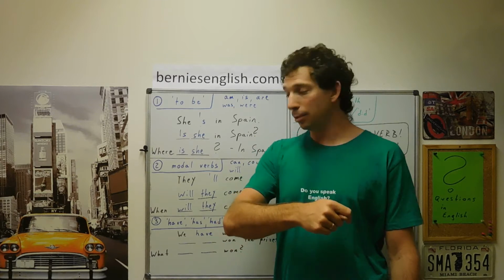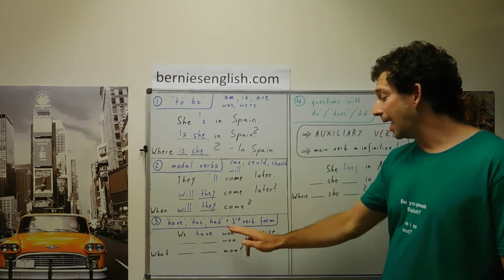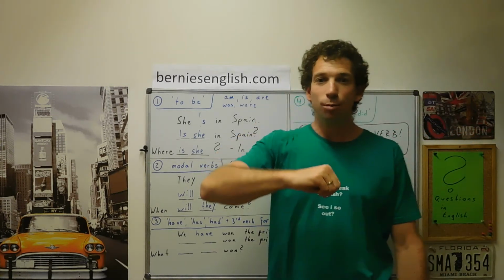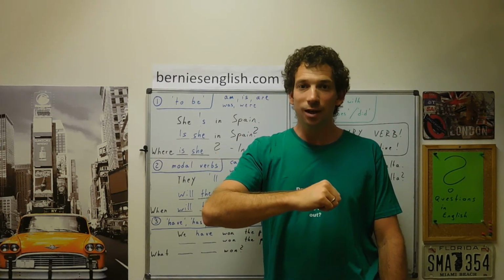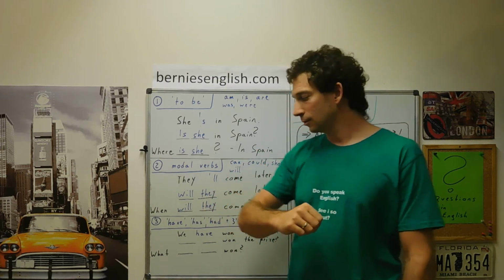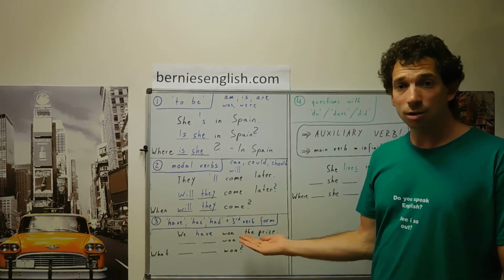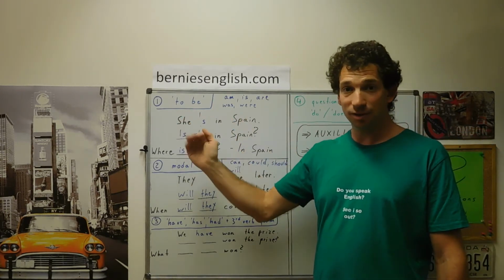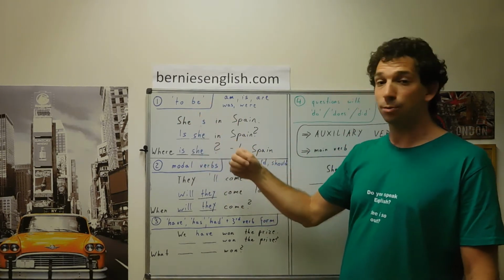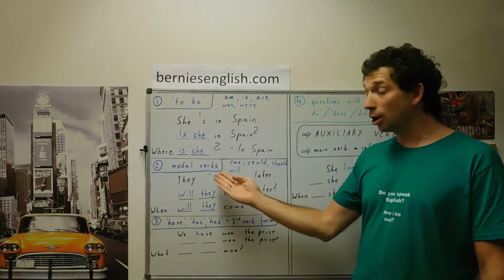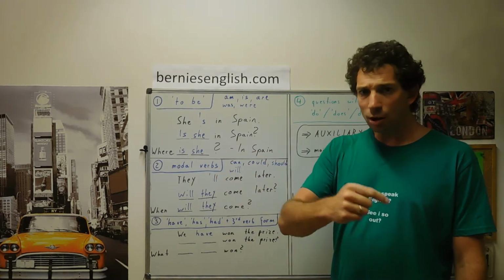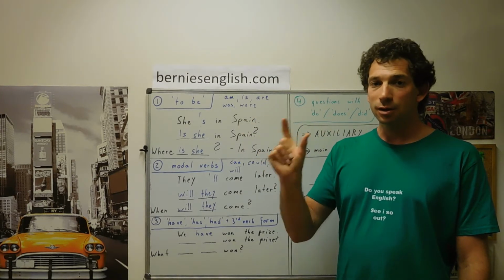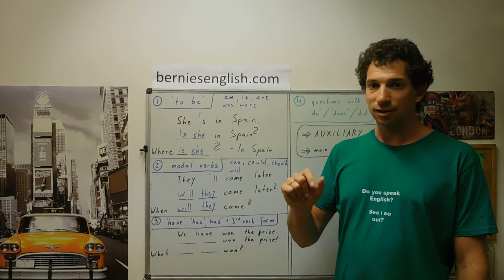So, for example, we have won the prize. Yay! We have won the prize. We are the winners. How do we make a question? Well, I said we follow the same steps as for questions with to be and for questions with modal verbs. So, we turn around the first two parts of the sentence.